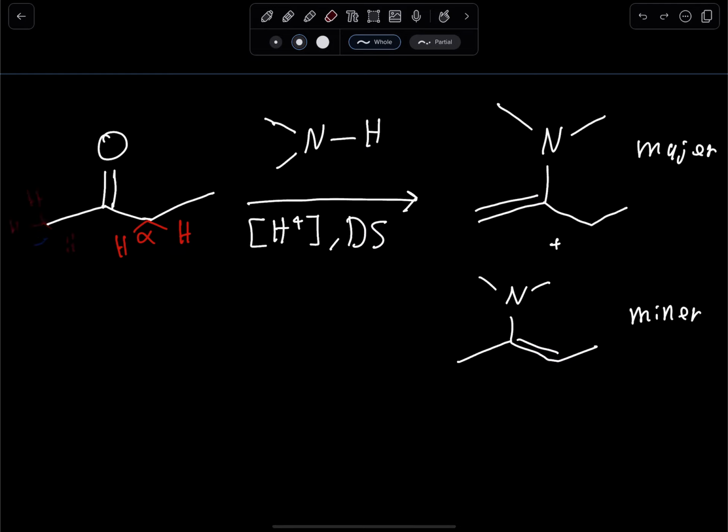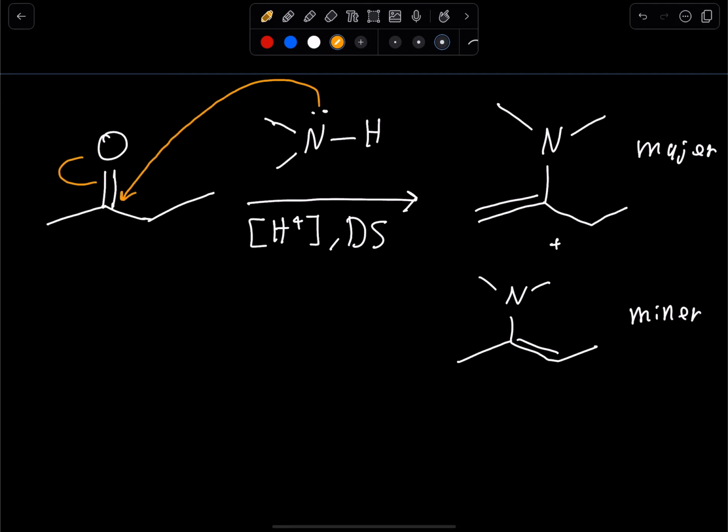Now let's talk about the actual reaction and the mechanism, and I'll try to be brief with this. We don't have to spend much time. But basically, the nitrogen electrons again attack the carbonyl carbon, and this oxygen becomes single bonded.